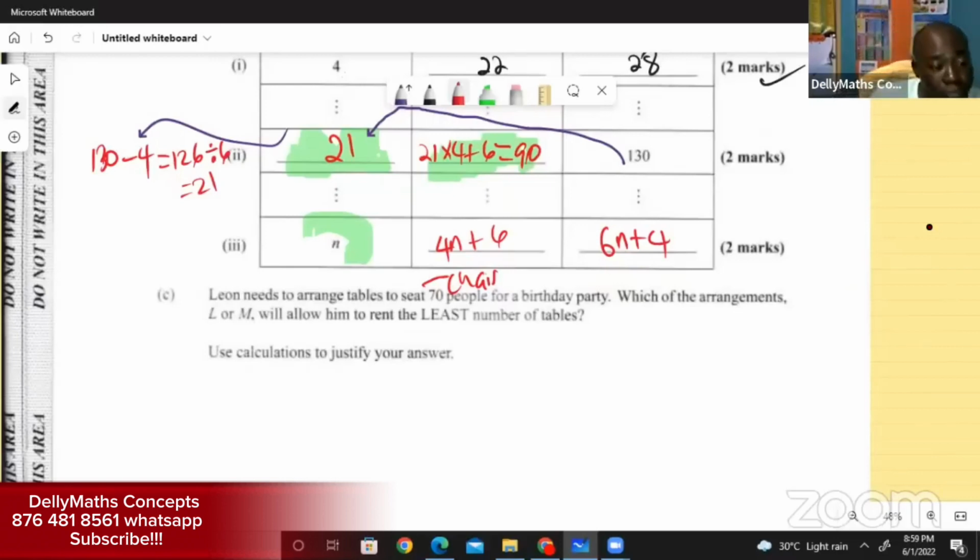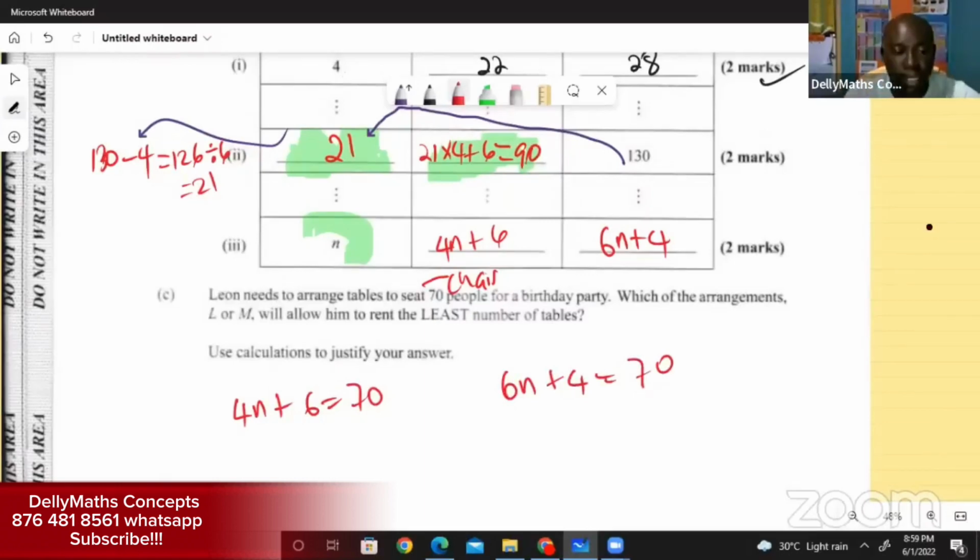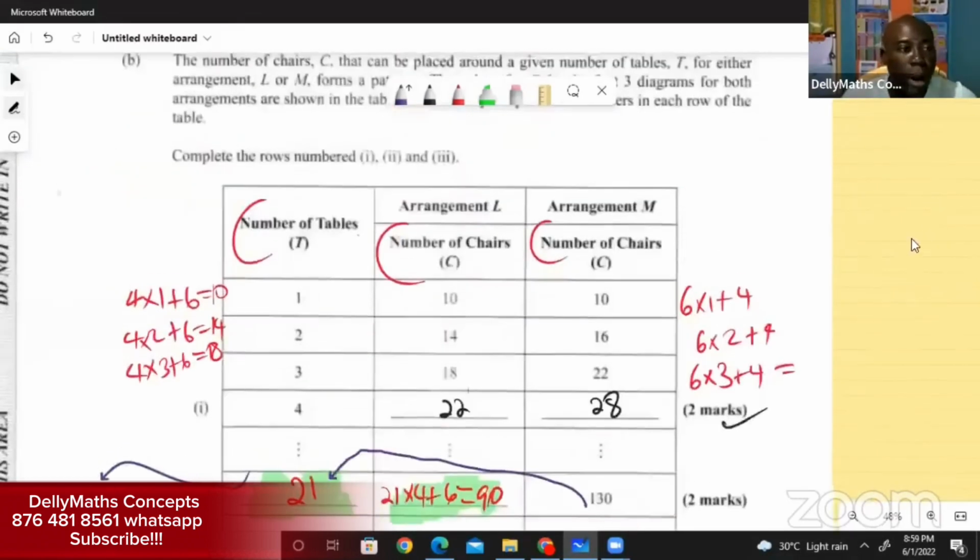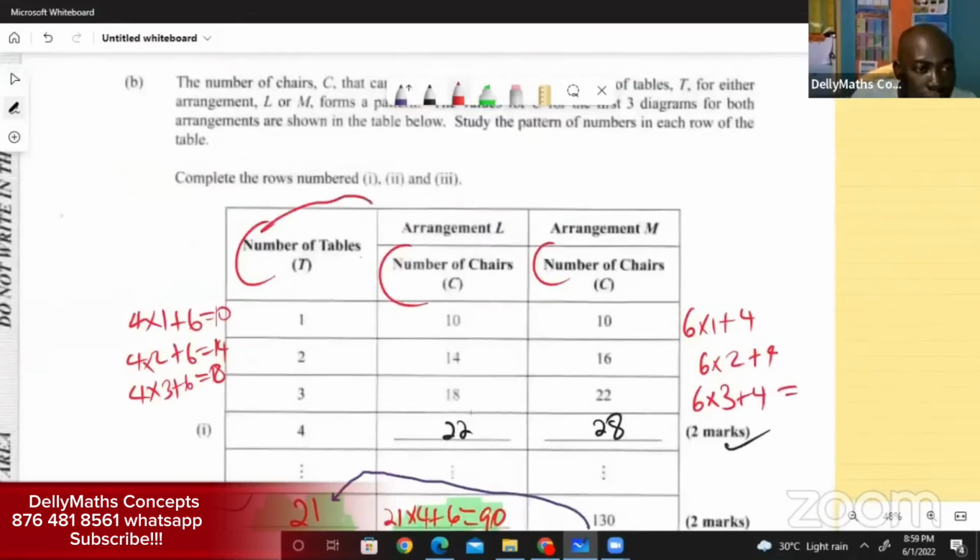In other words, using this equal to 70 and this equal to 70, we're looking for an n that is smaller. Which one of these could give me the smallest n? N refers to the number of tables.